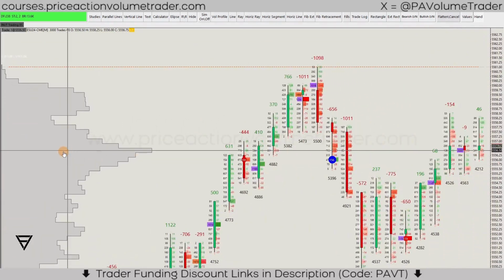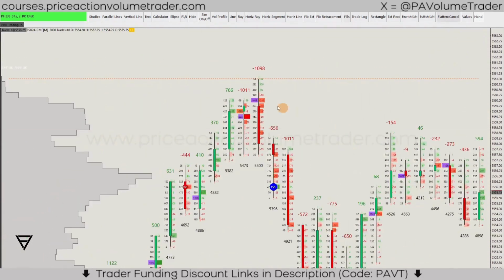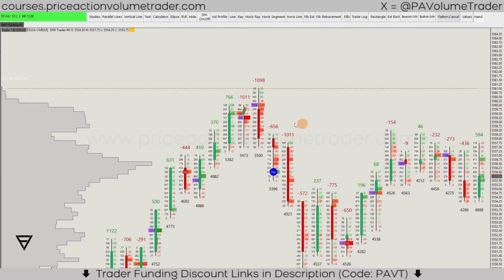So if we continue pushing up, you can see we had the high over here, and we had very big delta on this candle, which was the high of the day. We have some high selling volumes. In this case, this is not a divergence because we have high volumes, but they're selling near a swing high.